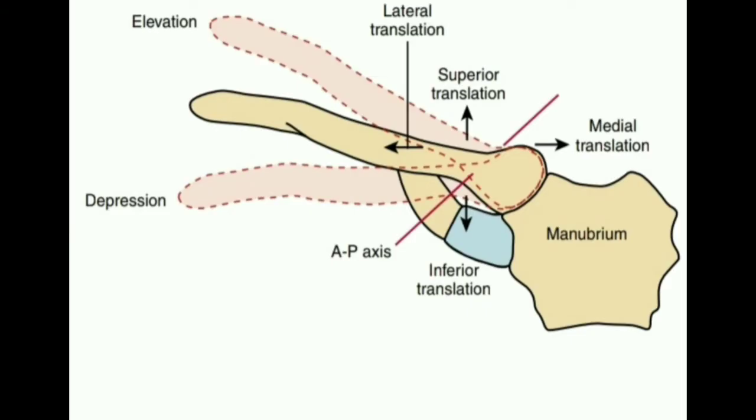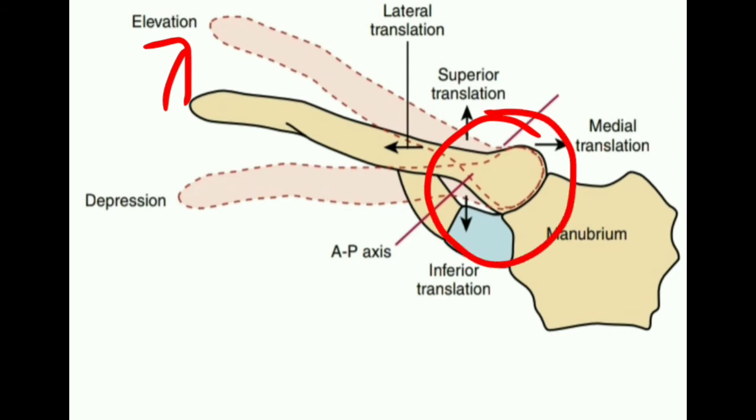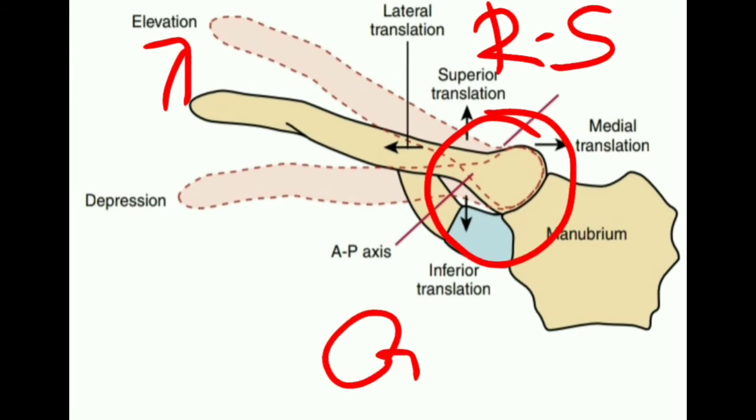So here you can see in this picture, if the clavicle is elevating upward, then the medial end of the clavicle will be rolling superiorly and glides inferiorly, just opposite to the outside motion.